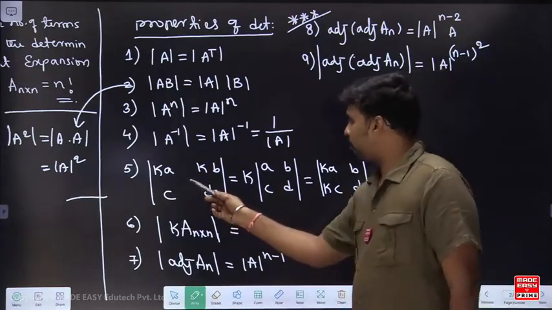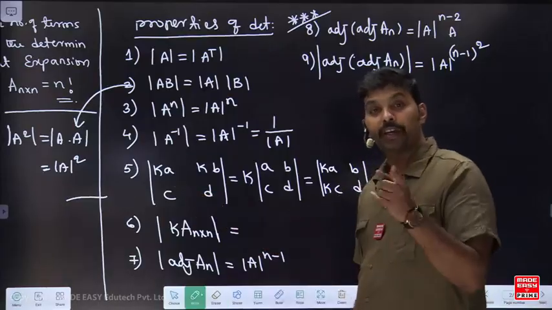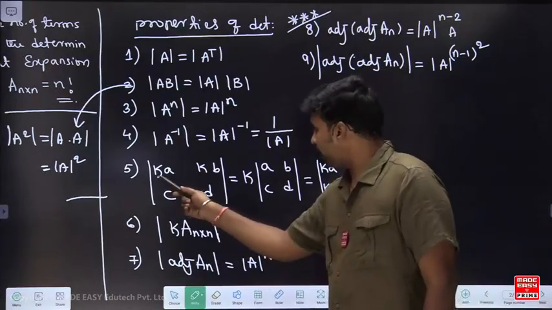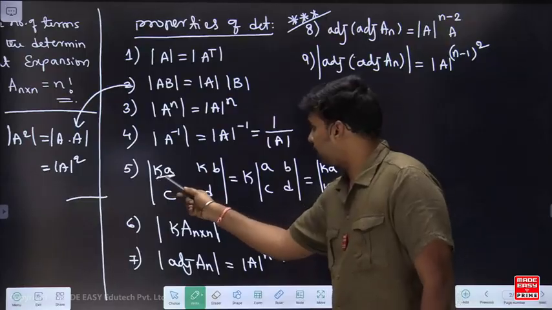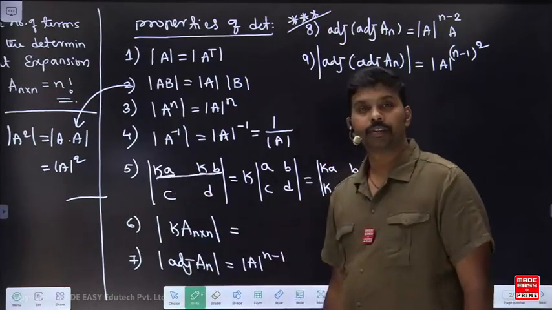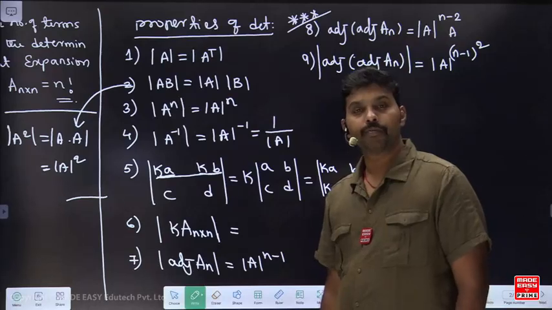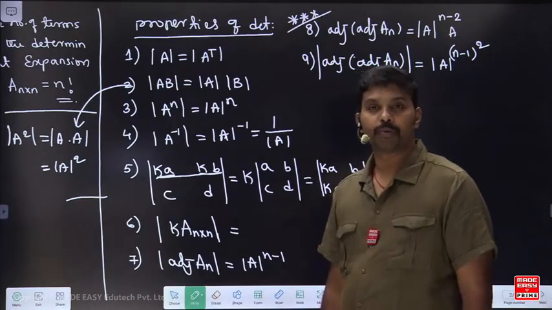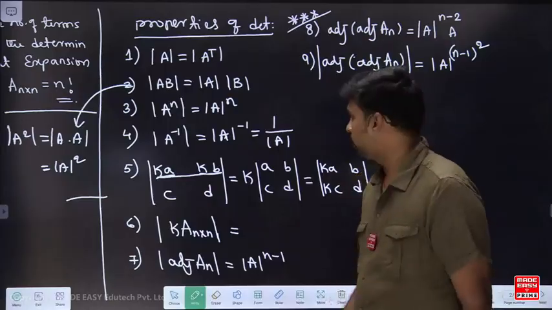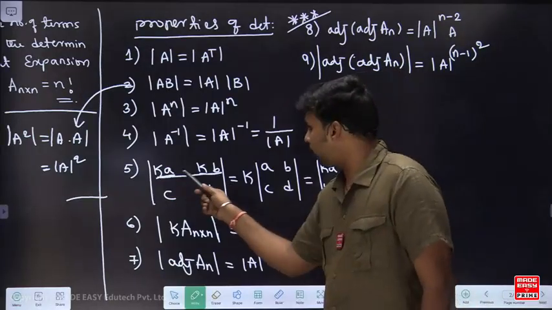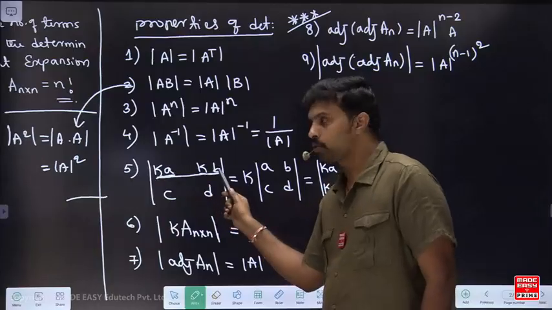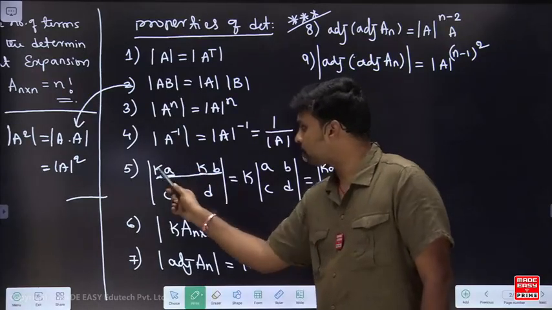Now, the fifth property you can see here. In a determinant, you can take a scalar k common from a row, from each row you can take the scalar multiple k common. So in this row, as k is a scalar existing in both, you can take k common from this row.